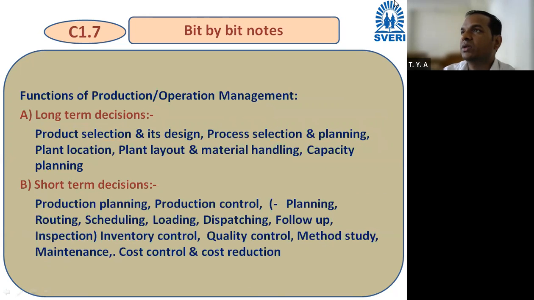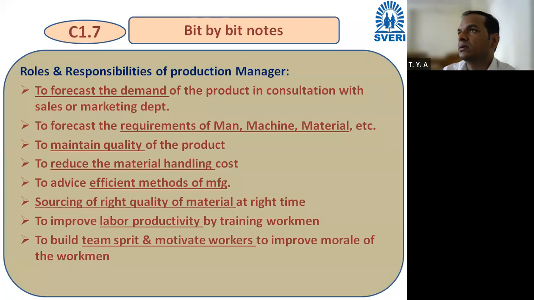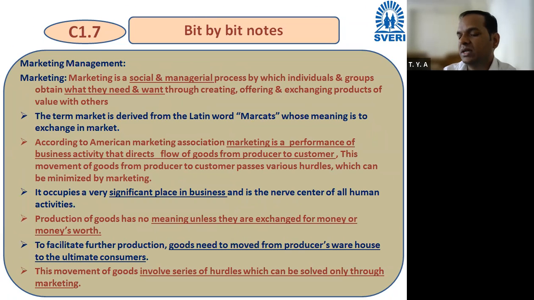Also, we discussed the various functions of production and operation management by considering long-term decisions and short-term decisions, right? Various roles and responsibilities, and I think we were at this particular point related to marketing management.